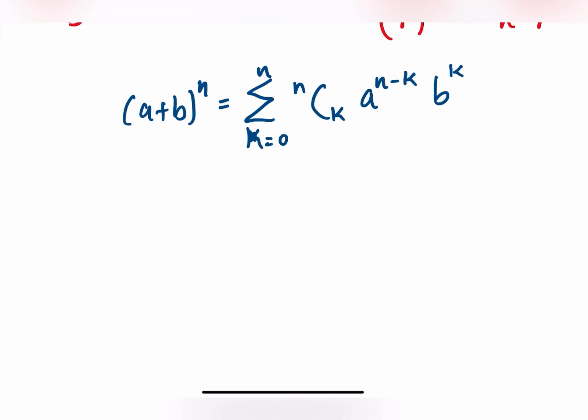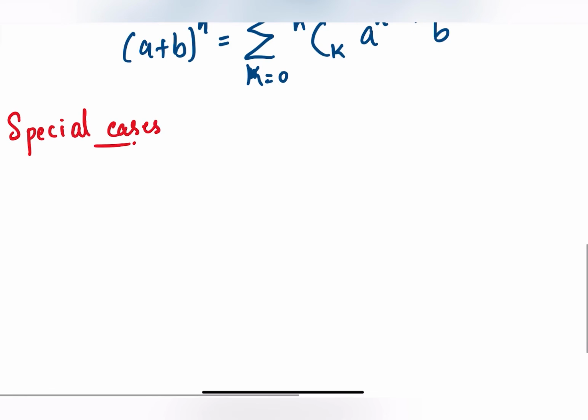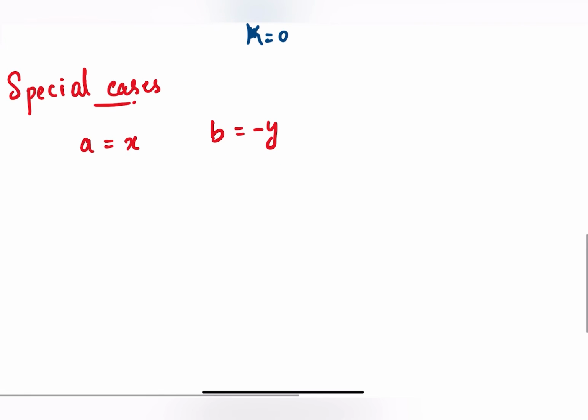Now let's take some special cases. What if we take a as x and b as minus y? So here we have a negative term in the expansion, the expansion of (x - y)^n. How are we going to deal with this?